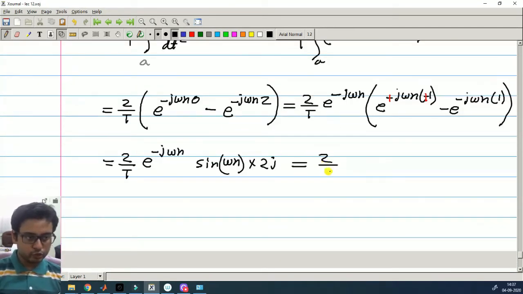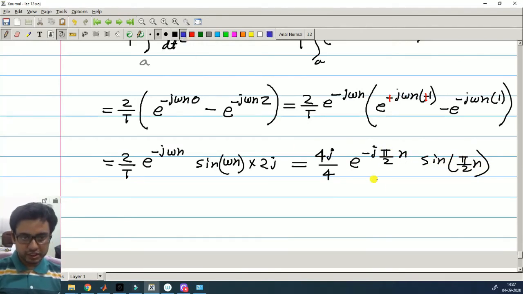We will have 2 over 4 and then one more 2j, so let me write it 4j, then e to the power minus j pi by 2 n from here, and then sine pi by 2 n.